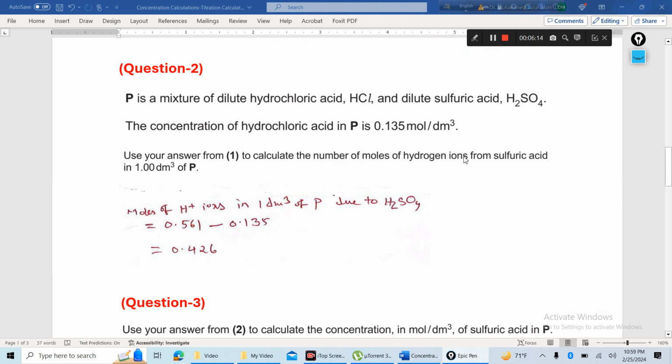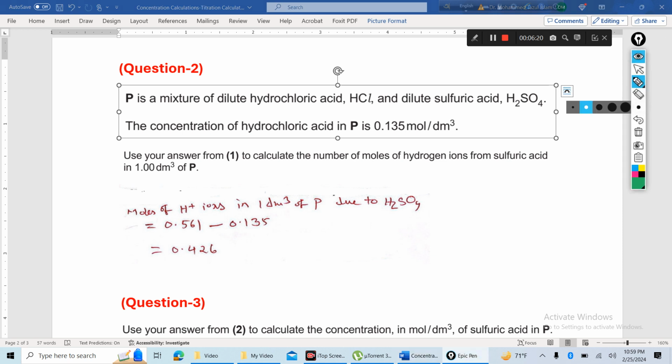Now next one. You know already P is a mixture of dilute hydrochloric acid and sulfuric acid.